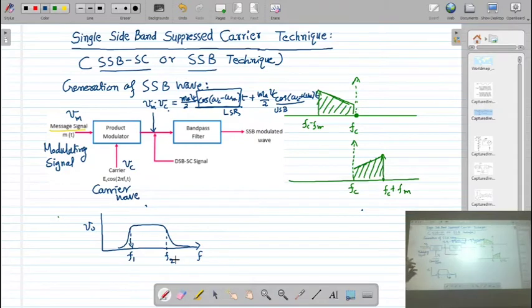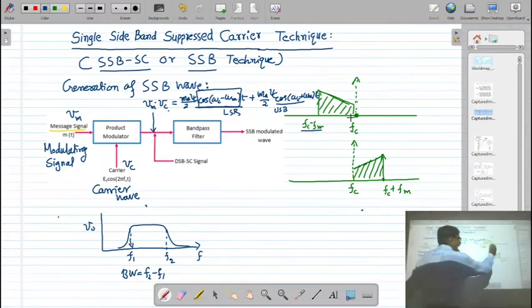The bandwidth is given as F2 minus F1. So if you want to transmit the lower sideband, what should be F1 and F2? For the lower sideband, Fc minus Fm is the lower cutoff frequency, and Fc is the upper cutoff frequency. Remember, this is F1 and this one is F2.